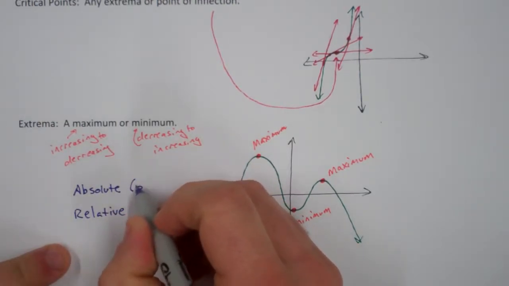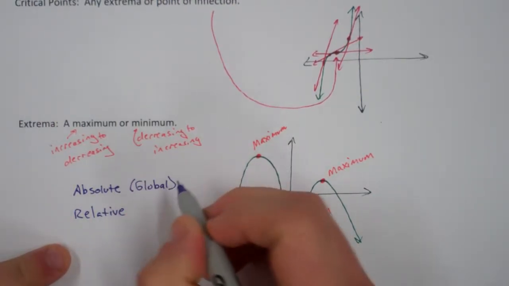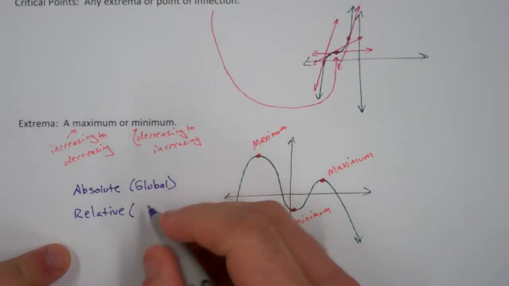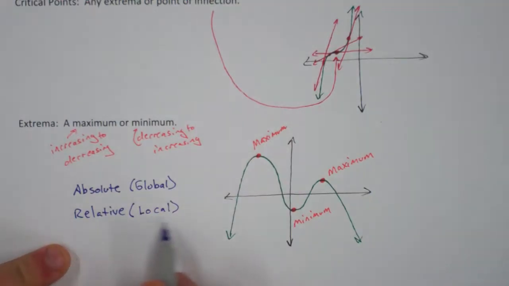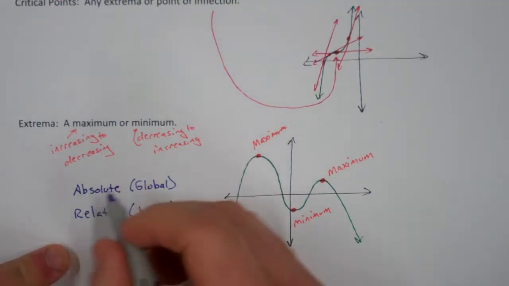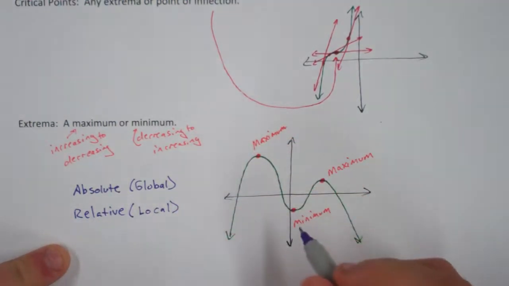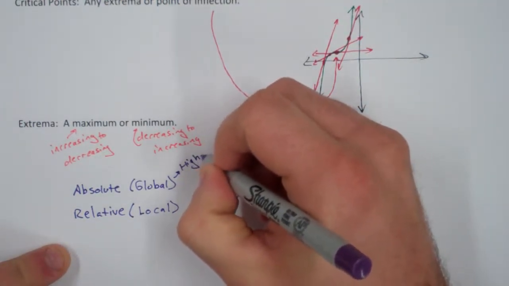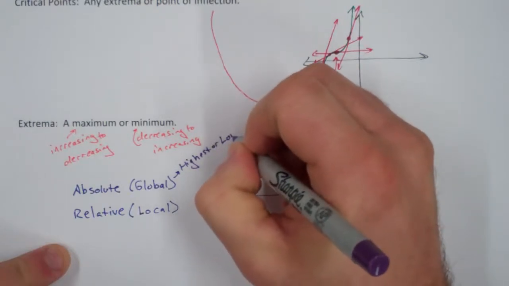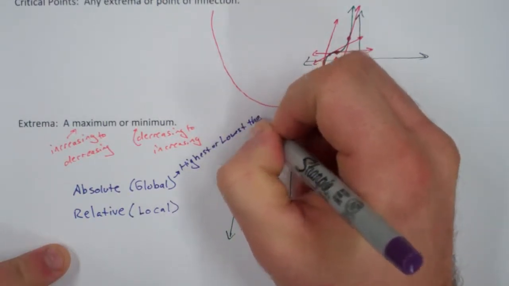Some people will use the words global for absolute, and for relative they'll use the word local. They mean the same thing. Now absolute is the highest the graph goes, and I'm going to run out of room here. So this is the highest or lowest the graph ever goes.